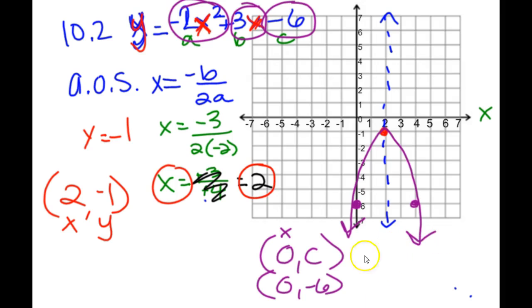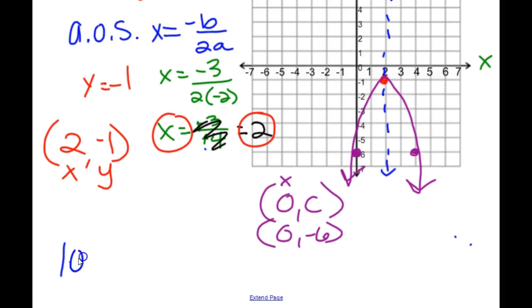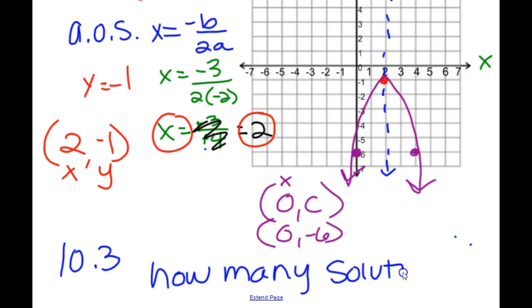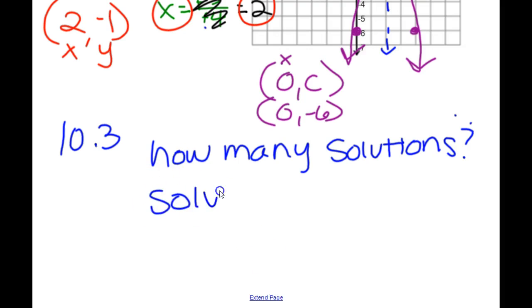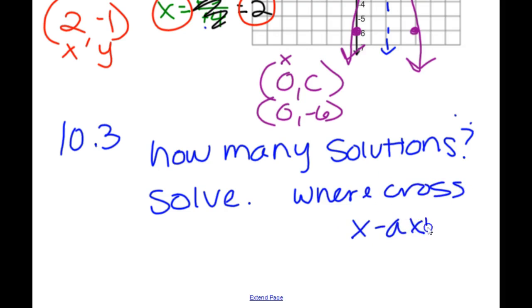There are 2 questions at the end of your test that ask you to do the same thing as 10.2, but then on 10.3, we asked how many solutions are there. Another way of saying that is solve. Where does it cross the x-axis? Or how many times?